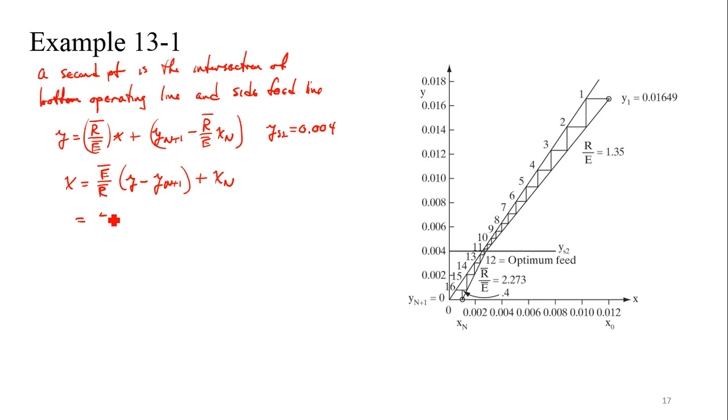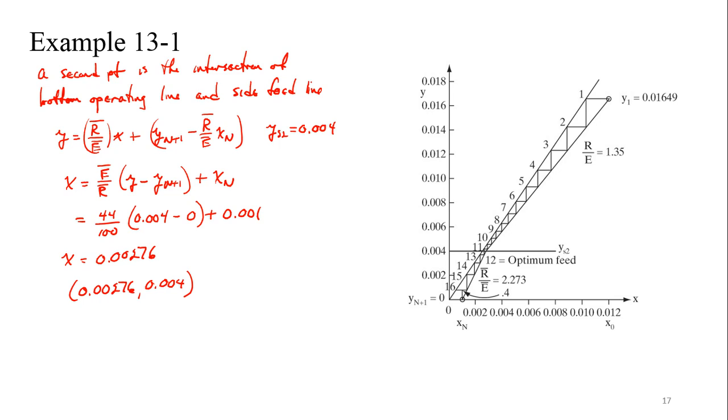This would give us 44 over 100 times 0.004 minus 0 plus x sub n, which is our 0.001. And so that would say that this x value is equal to 0.00276. So the point 0.00276 comma 0.004 is also a point on that top operating line, because that would represent the intersection point where they'd have to hit.